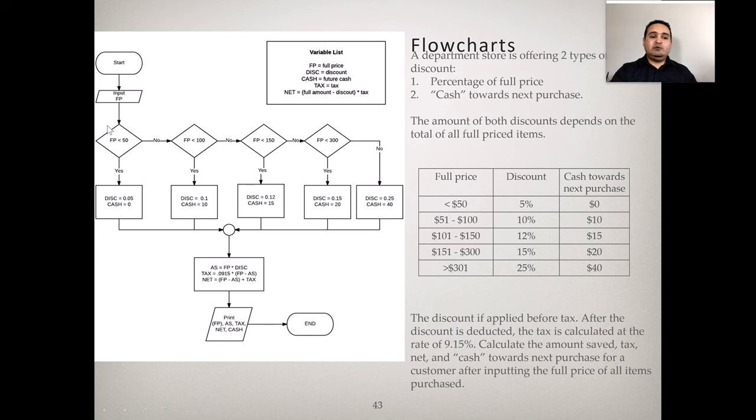Now let's say we have already programmed this, but we want to repeat it. Currently, when it finishes executing one customer process, it ends after we see the tax and the net and how much cash they will pay.